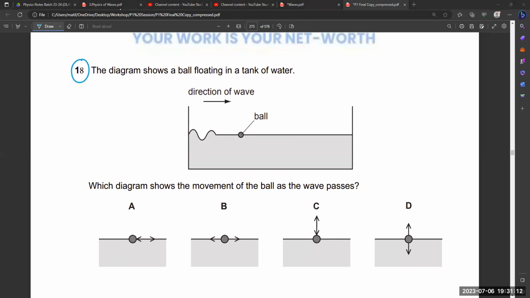Yes, because we know that a ball will always vibrate perpendicular to the wave. So D is right, vibrating up and down. Once it goes up, in the next moment it must go downward, right? When the wave passes through, the ball will again come to its original position. So D is the right choice.